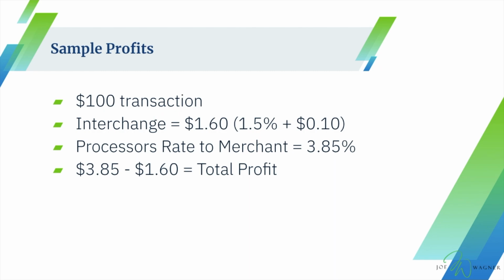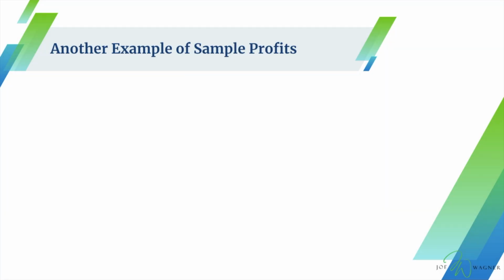Out of that $3.85, we pay the credit card companies their interchange, right? Out of the $3.85, we pay them $1.60. That's the interchange. That was our cost. And then what's left over is profit. In this case, $2.25. So on that $100 transaction, after we paid the interchange, the profit that was left over was $2.25. That's $2.25 that we make residual income off of a $100 sale.